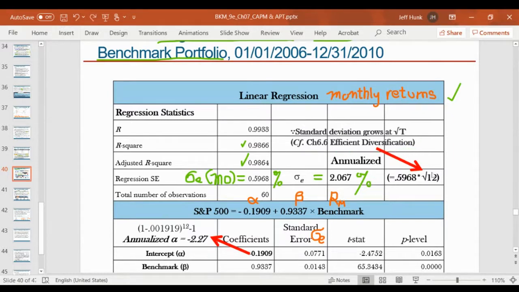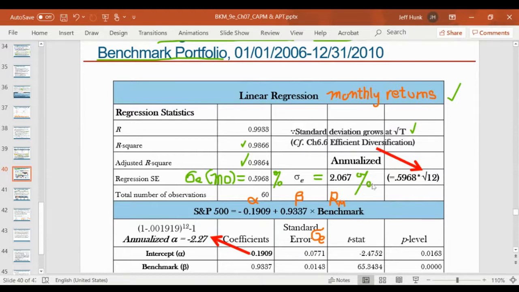We talked about this, right? Standard deviation grows at the square root of time. So if you annualize it, times square root of 12, then it comes to 2.067. So even when annualized, this is just about 2%.